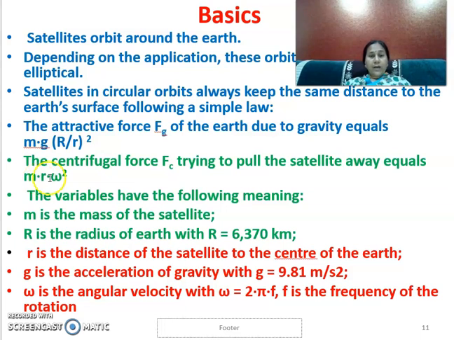So m r w square is the force with respect to the satellite. We already know that g is the earth's gravity, which is equal to 9.81 meters per second square.